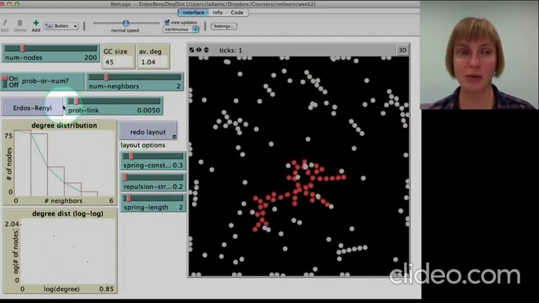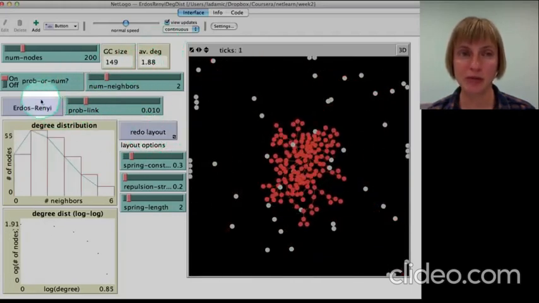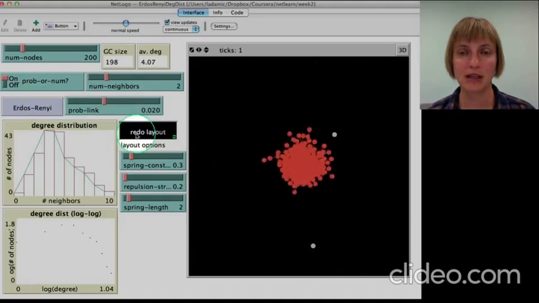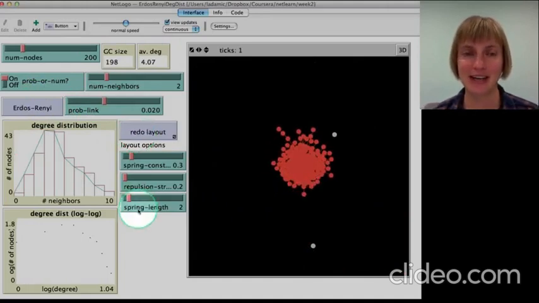Now we see that the components are growing. We can increase this further, maybe to 1%. And we can observe what happens to the average degree. Let's just pick one more value, maybe 2%. And we should be seeing a denser and denser network.